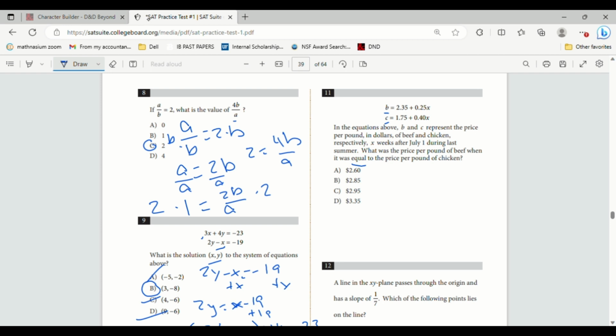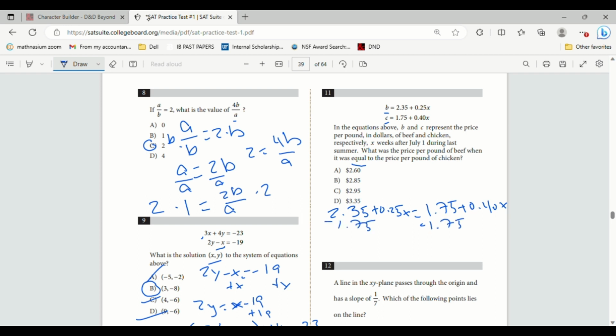So we have 2.35 plus 0.25x equals 1.75 plus 0.40x. Now, let's solve for x. Minus 1.75 minus 1.75.